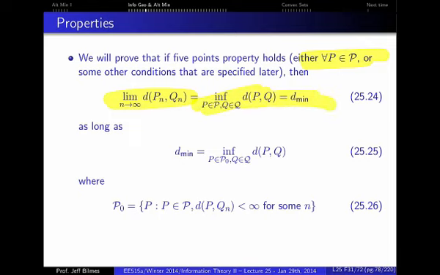As long as this is, that's not stated correctly. That should say is not negative infinity, and again where P0 is this set of P's that are such that the Kullback-Leibler or the quasi-distance is non-infinite for some Q along the way.